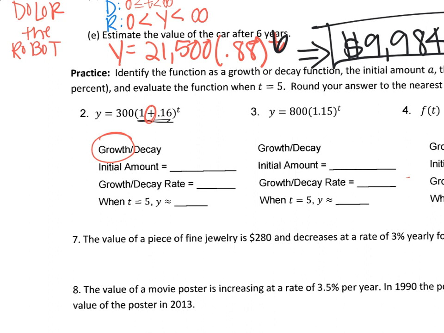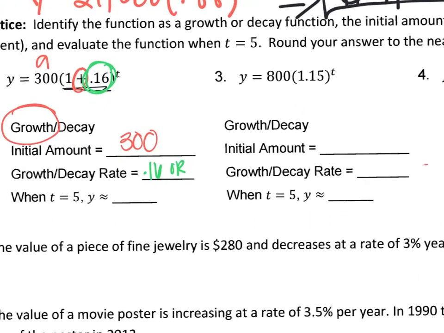The initial amount, A, would be 300. The rate is what I'm either adding or subtracting. So in this case, it's 0.16, but it wants it as a percent. So instead of 0.16, let's move the decimal back over and change it back into 16%.